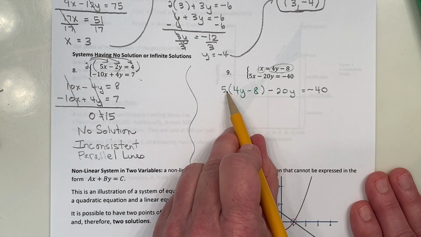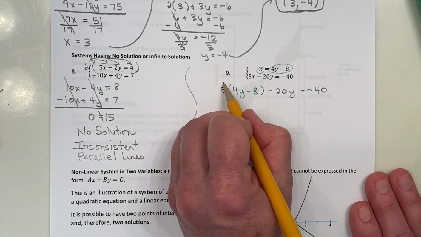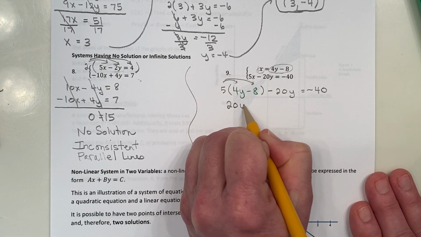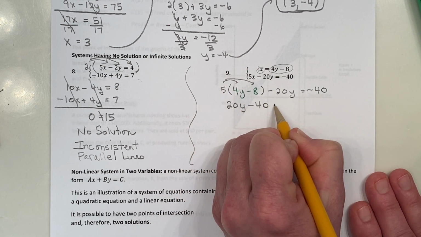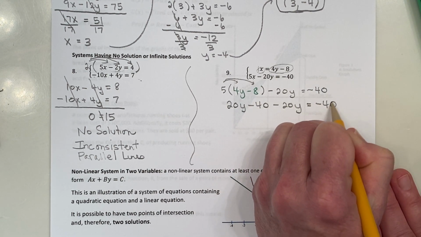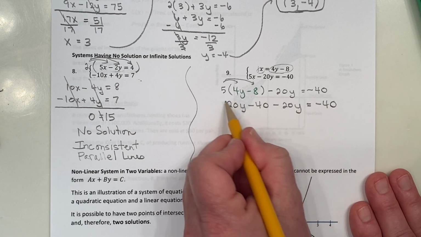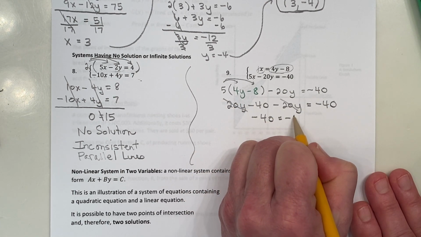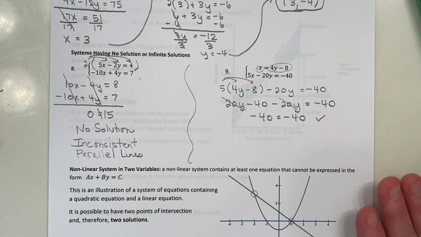So now I have an equation with just y, so let me go ahead and solve for y. So I'll distribute the 5 in. I can see over here that these two terms will cancel, and I end up with negative 40 equals negative 40. That's a true statement.